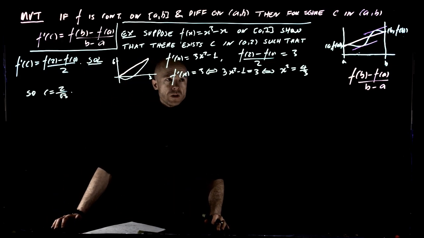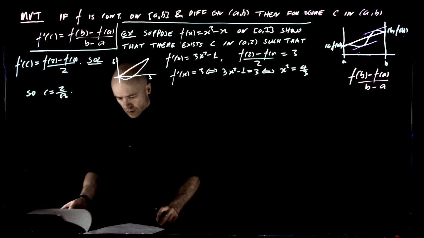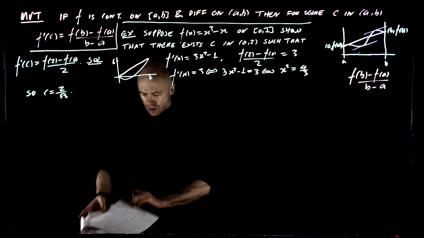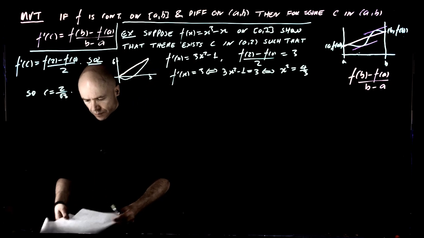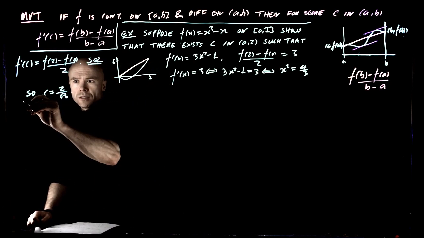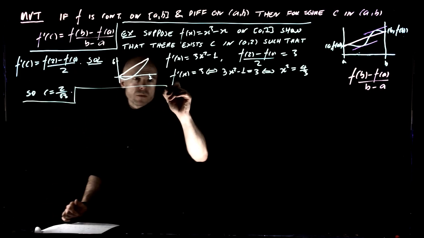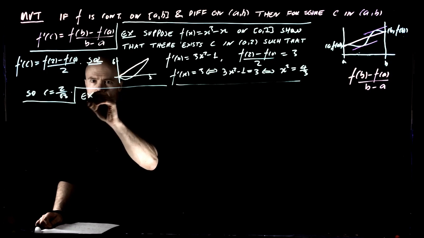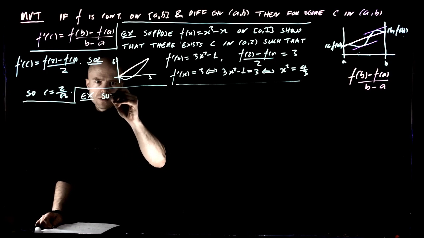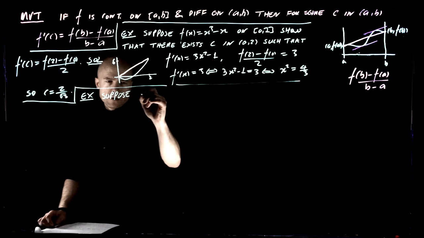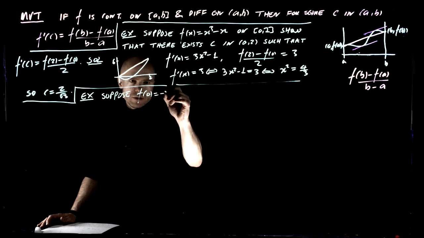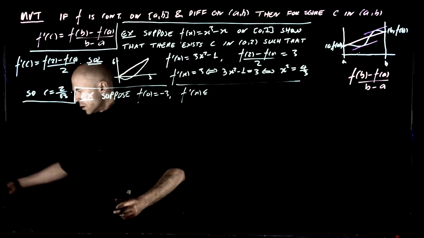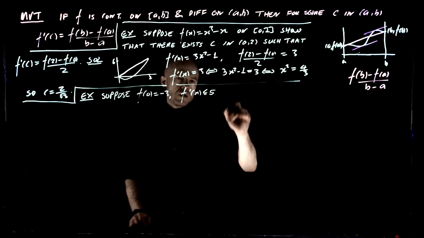Easy. Okay, let's do something that is a bit more relevant. This is a more typical example of a question testing the mean value theorem. So this is a second example. Suppose f of 0 is minus 3, and f prime of x is less than or equal to 5.